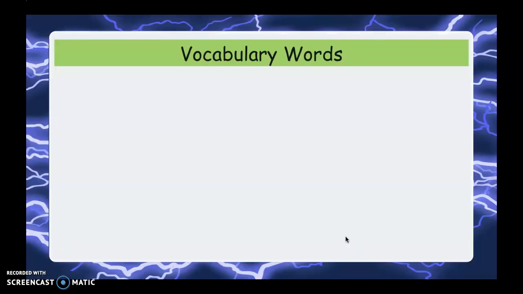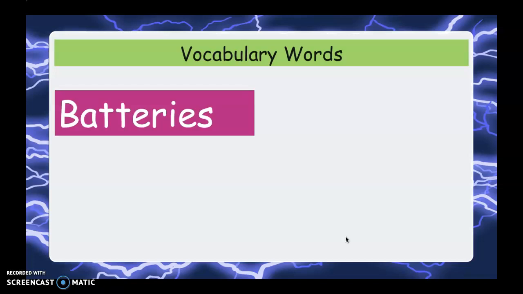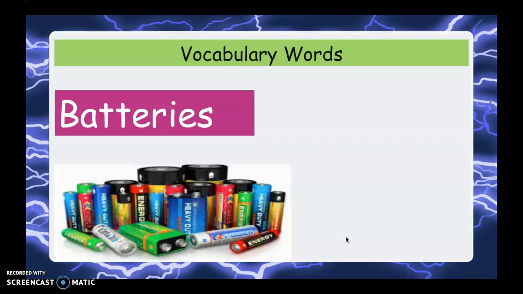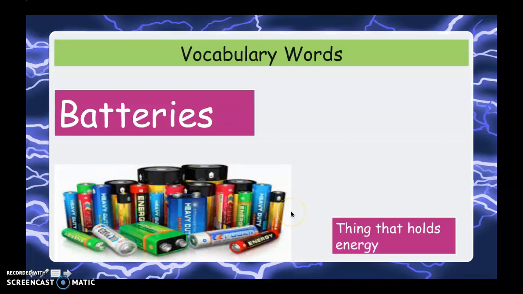So, let's look into your vocabulary words. Batteries. You can call them batteries or you can call them cell. Look at all these different types of batteries that you can use. Batteries are things that hold energy. So this little thing holds energy and power.